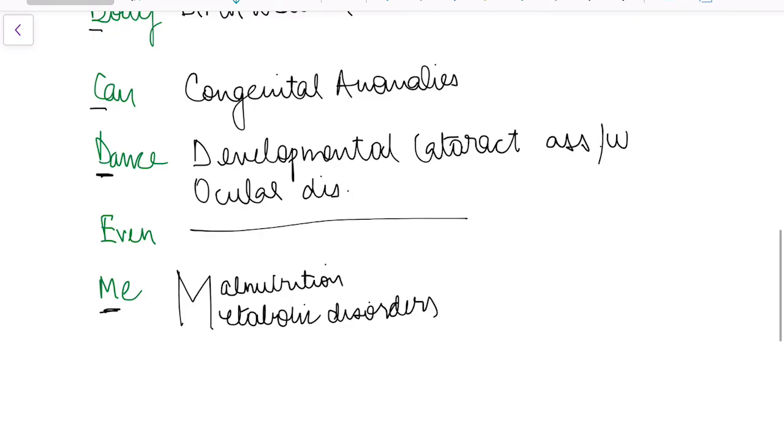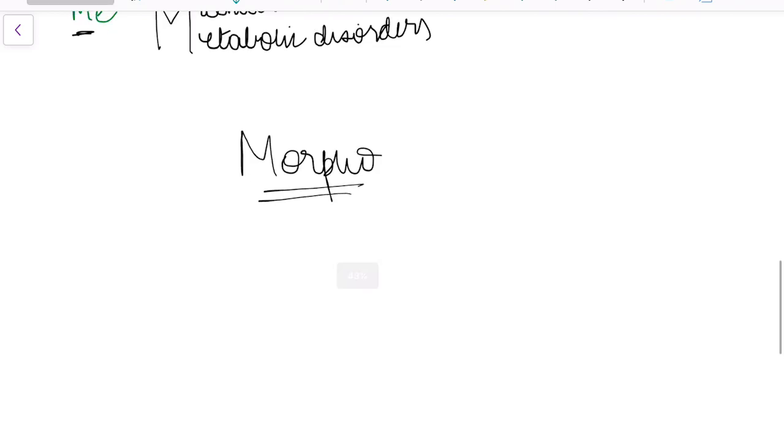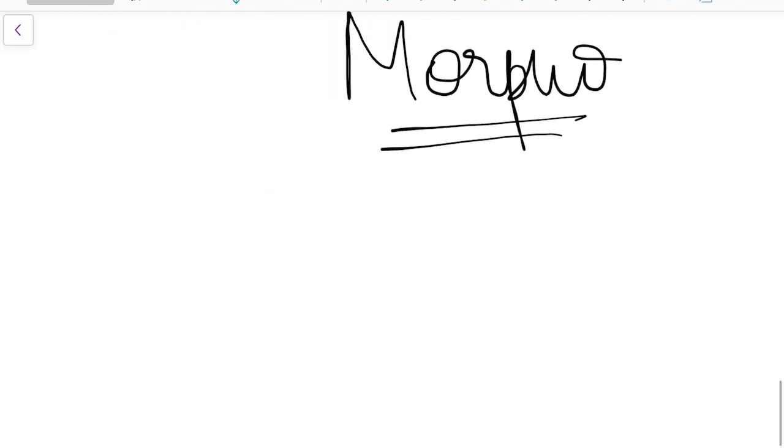Okay, so if we further talk about the classification of congenital cataract, only morphological classification. Again, it's very simple.